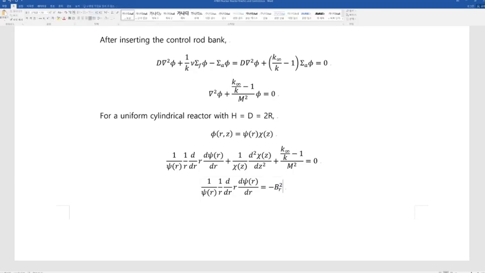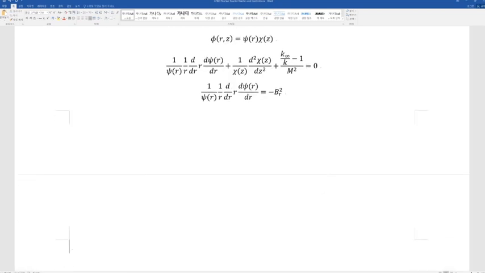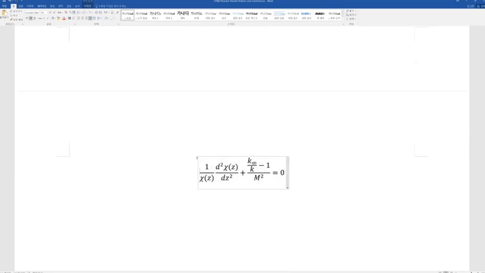That means, because this is a constant, minus Br squared, what will remain would be, so think about this, minus Br squared plus 1 over chi.